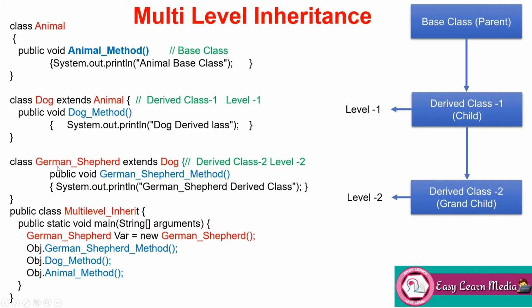If you invoke this class, you can access all the properties of the Dog class as well as the Animal class. That is the concept of multi-level inheritance.